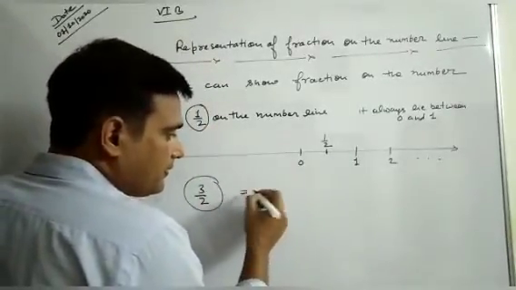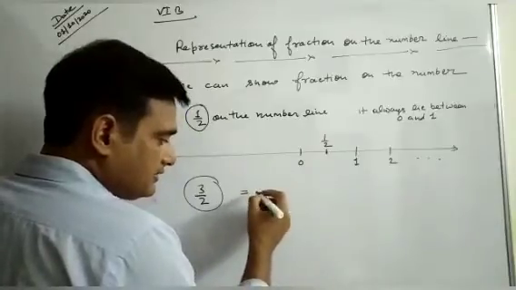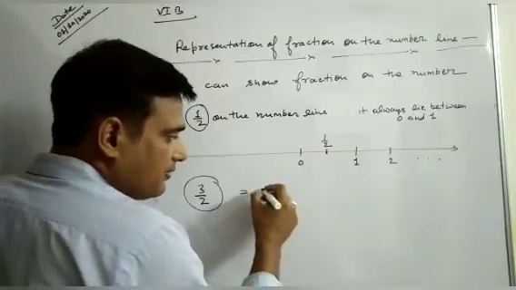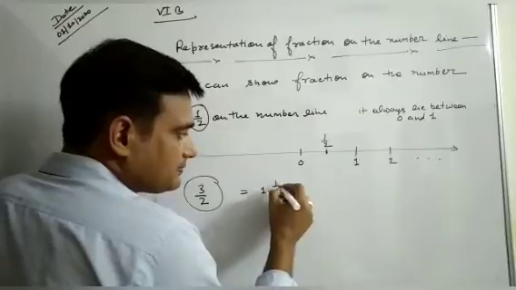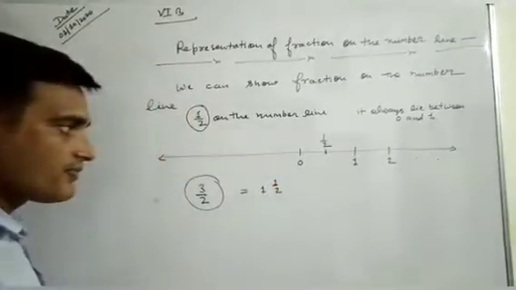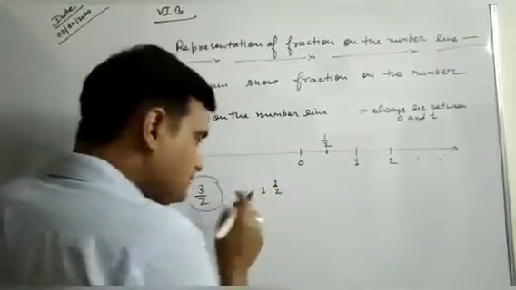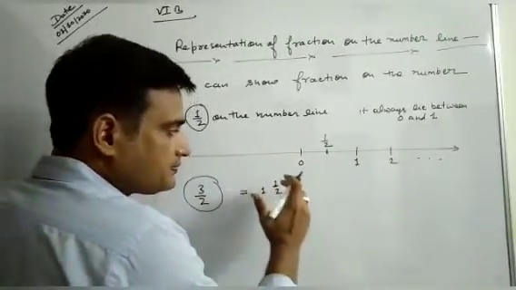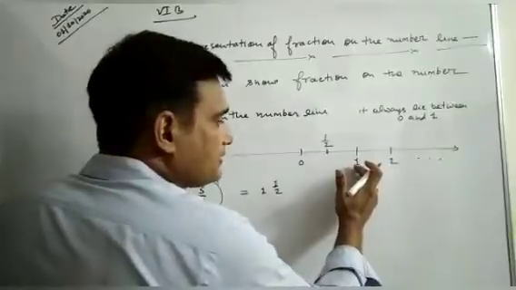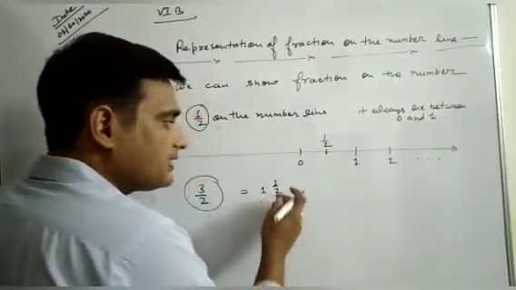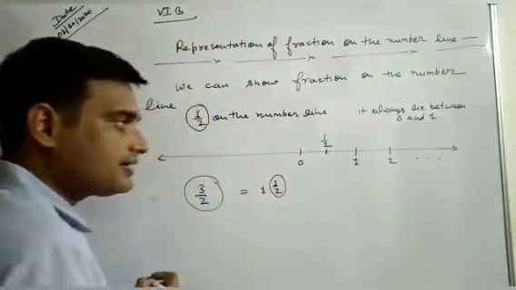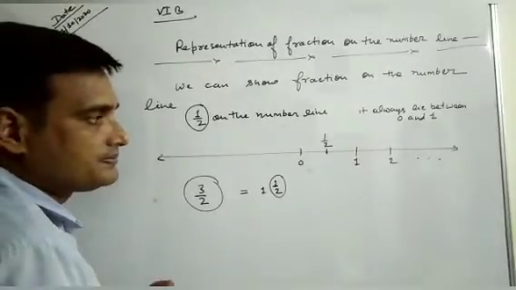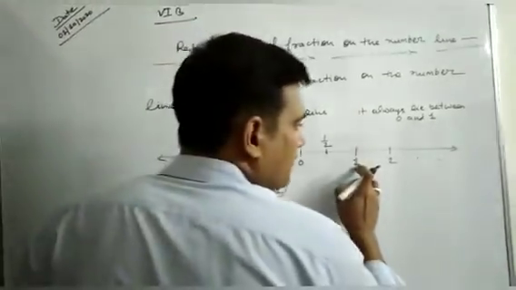When we convert into a mixed fraction, it is 1 whole number and 1 upon 2. This shows that 3 upon 2 is greater than 1, and its fractional part 1 upon 2 lies between 1 and 2.